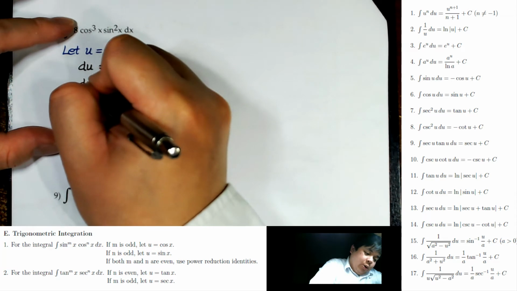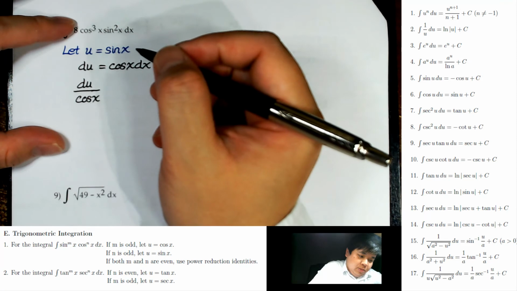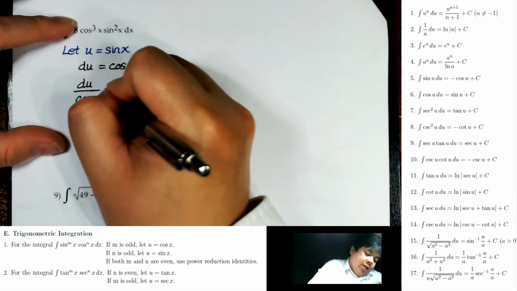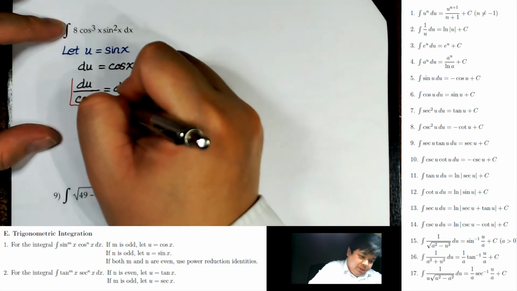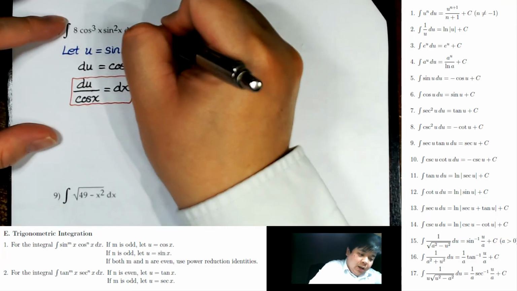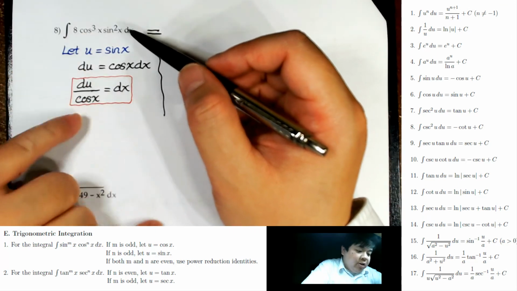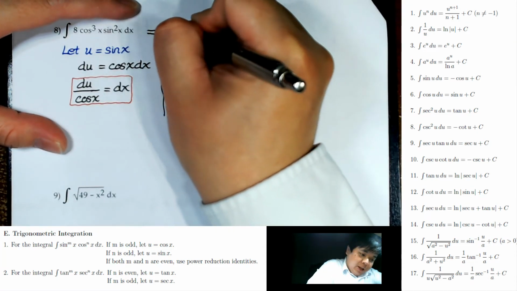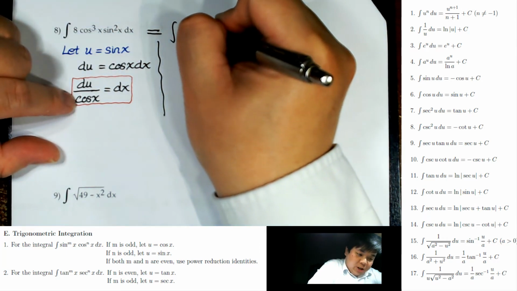Or du over cosine x is equal to dx. We can almost do like what we did before, but we need to have one cosine left to cancel with this cosine. So we can write it like this: 8, and we need one cosine by itself to cancel with this cosine.